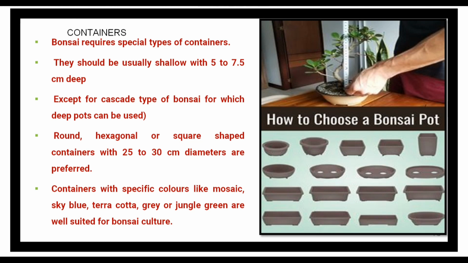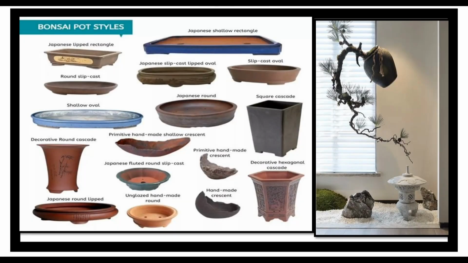Round, hexagonal or square-shaped containers with 25 to 30 centimeter diameters are preferred, and containers with specific colors like mosaic, sky blue, terracotta, gray or jungle green are well suited for bonsai culture. And these are the different bonsai pot styles available. As we discussed earlier, the cascade type alone will require a bigger pot.